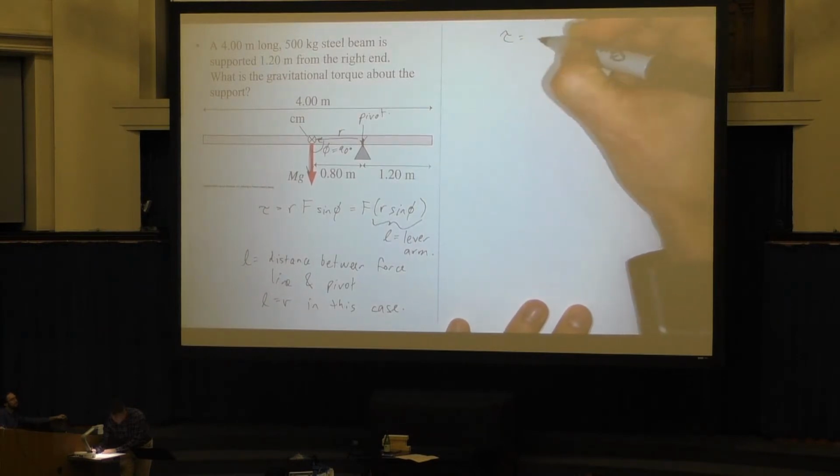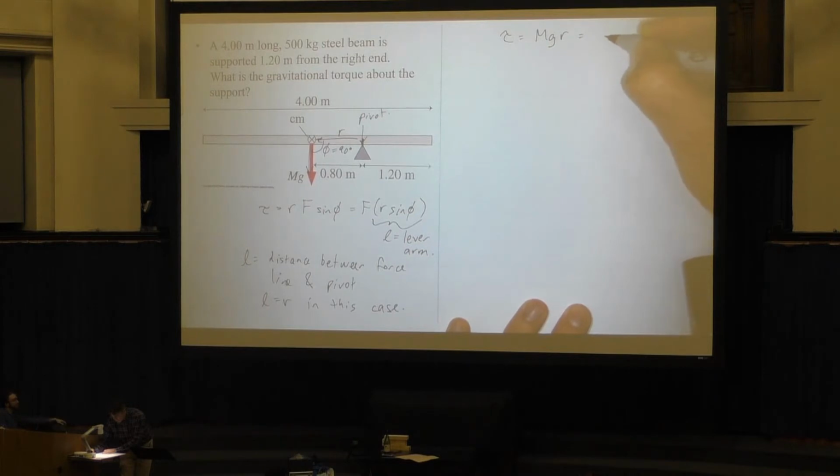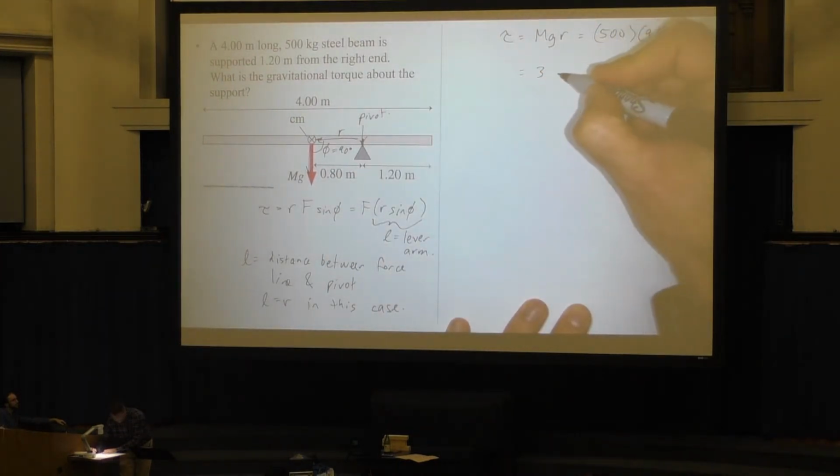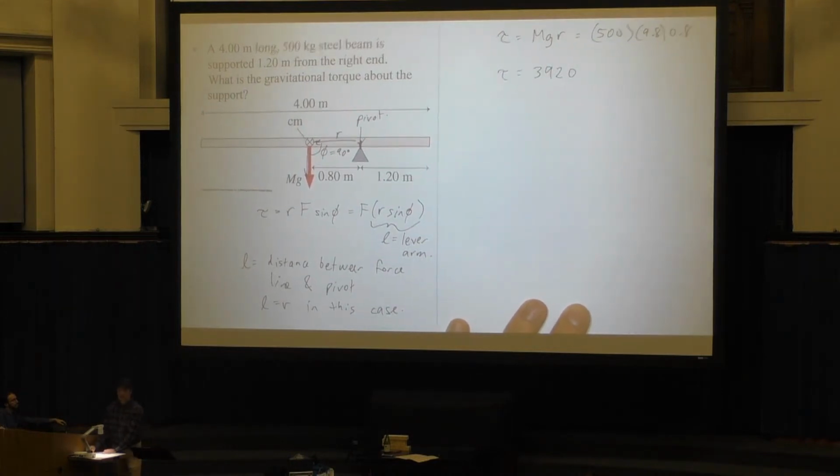So anyway, the torque is equal to mg times r, which is 500 kilograms times 9.8 times r, here 0.8. So I get in my calculator 3920. The SI units of torque turn out to be newtons times meters.